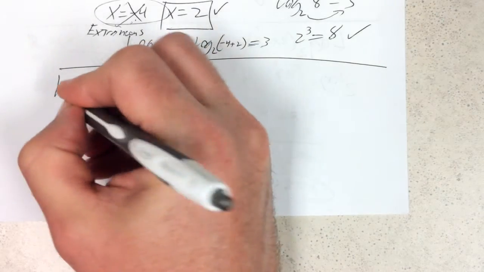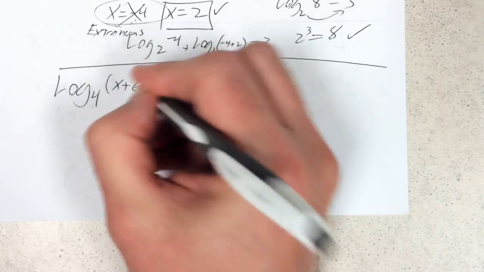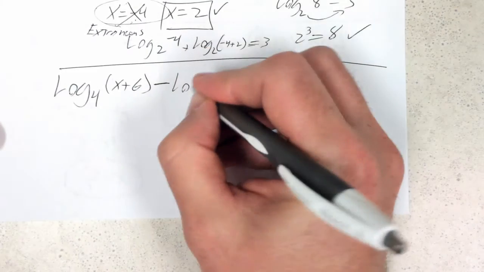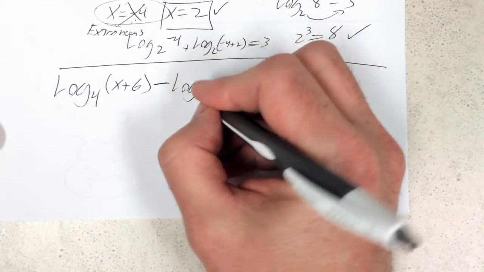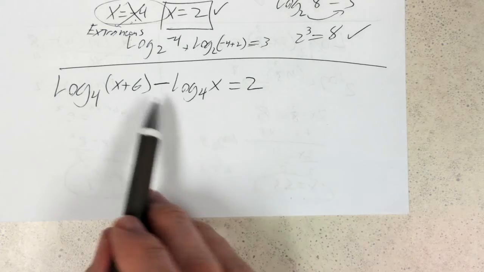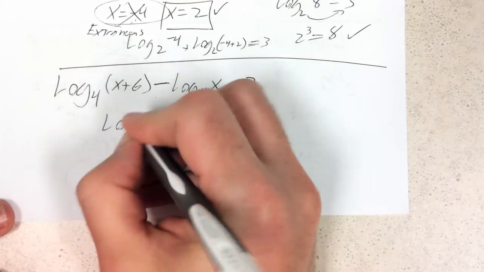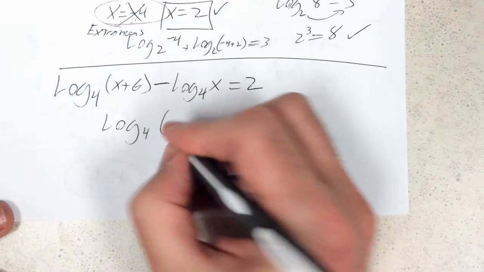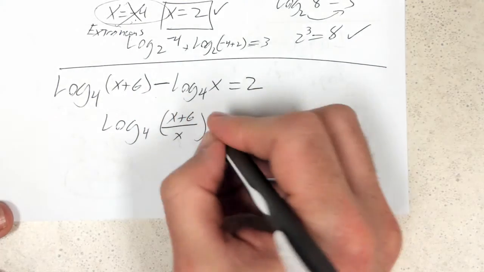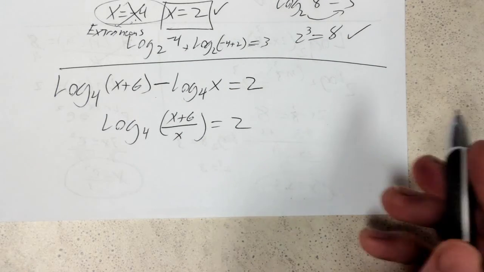Log base 4 of x plus 6 minus log base 4 of x is equal to 2. Alright, so when we're doing subtraction and we combine those, log base 4 of x plus 6 divided by x is equal to 2.